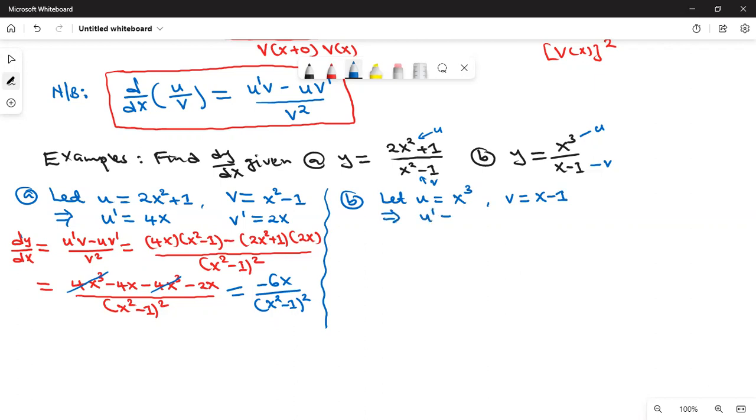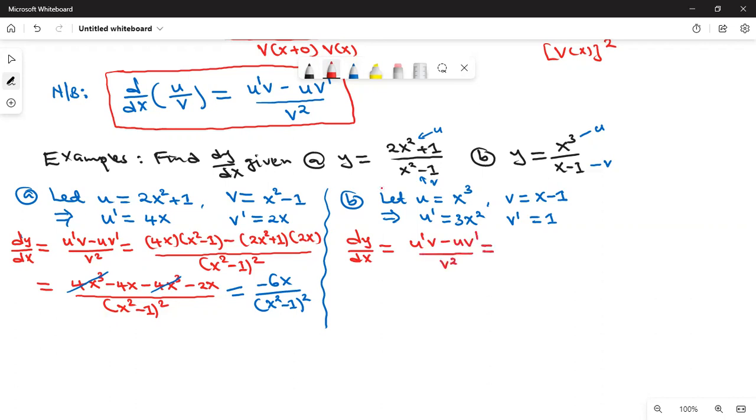U prime here is equal to 3x squared, and v prime, when you use the power rule, we get 1. So now again use the quotient rule: dy dx should be equal to u prime v minus u v prime, everything over v squared.